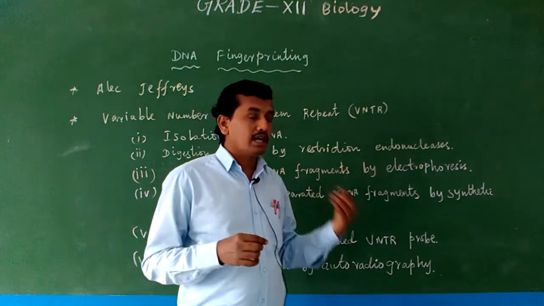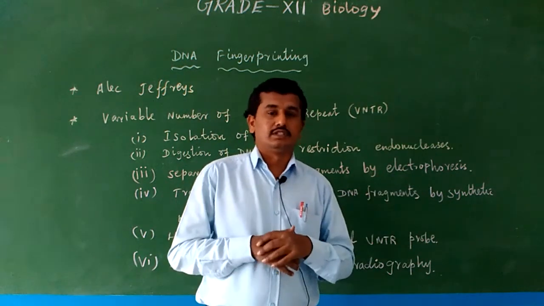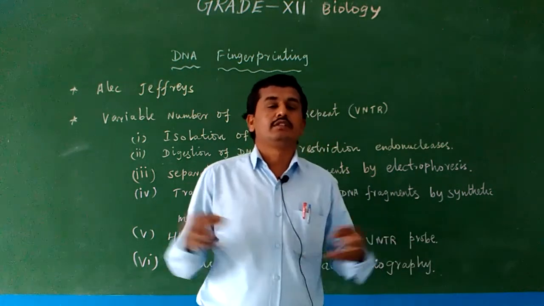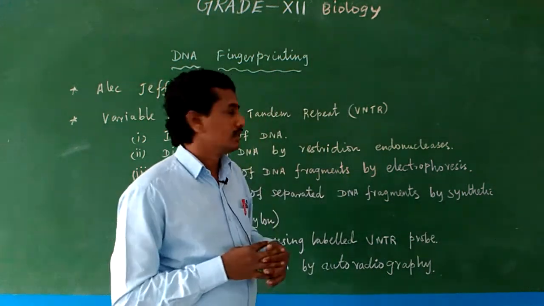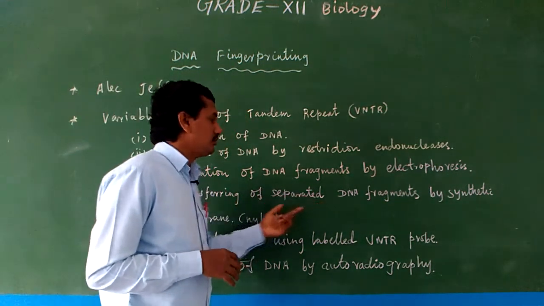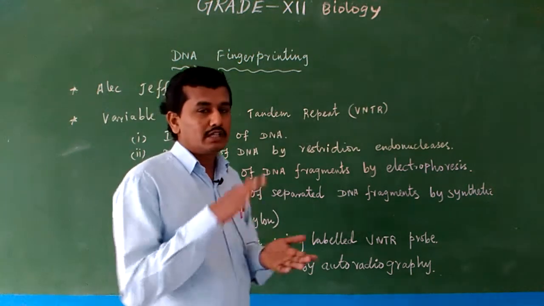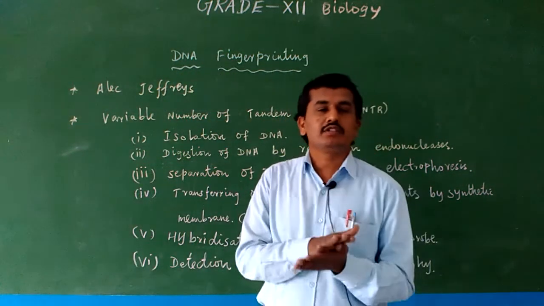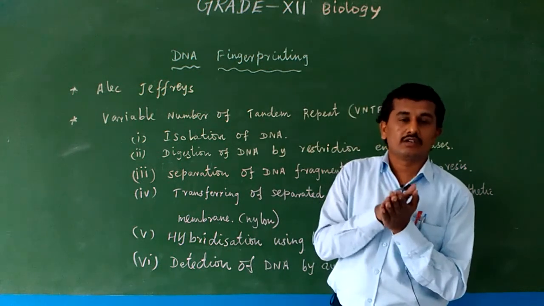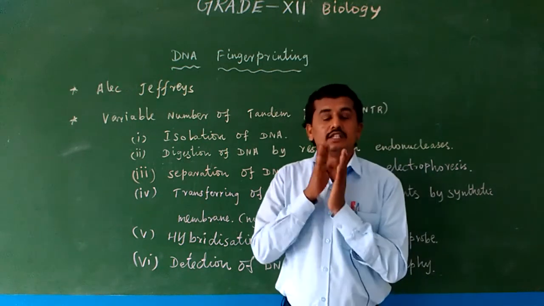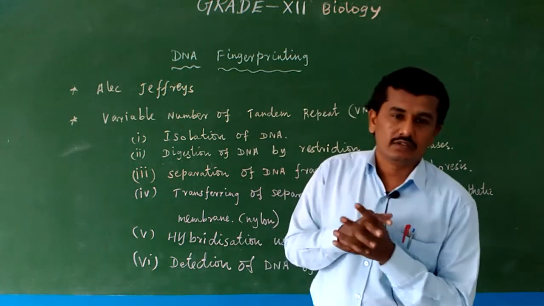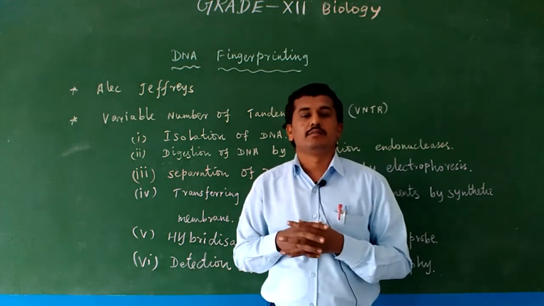With the agarose gel electrophoresis machine we separate the DNA fragments using positive and negative charge, and afterwards transfer the separated DNA fragments onto a synthetic membrane. The separated DNA is present in the agarose gel. Then the DNA is blotted and transferred using nitrocellulose or nylon paper.